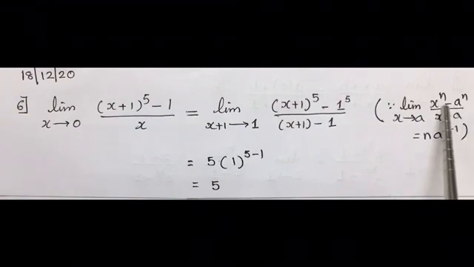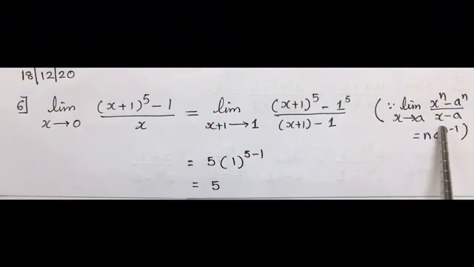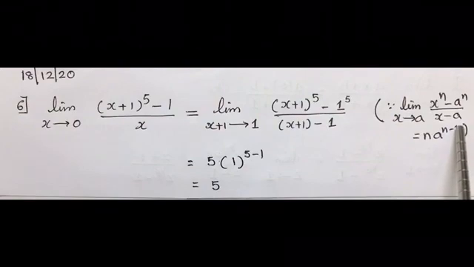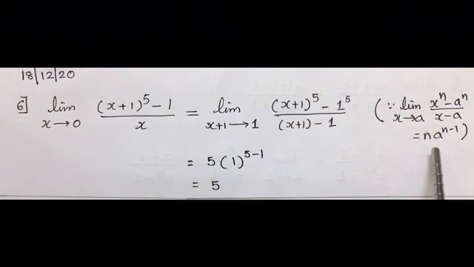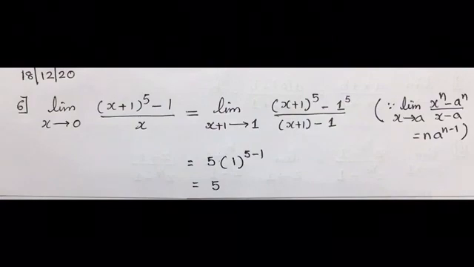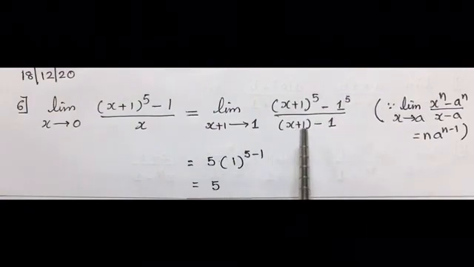That means the adjustment of x minus a up as well as x minus a in the denominator both should be same, so that this formula can be applied. So this formula adjustment is being done here.